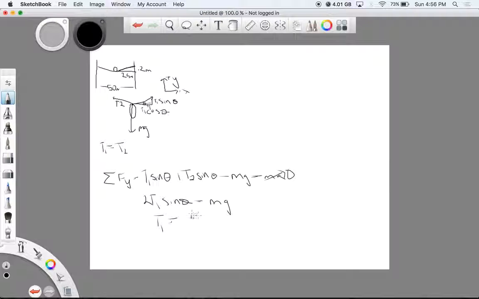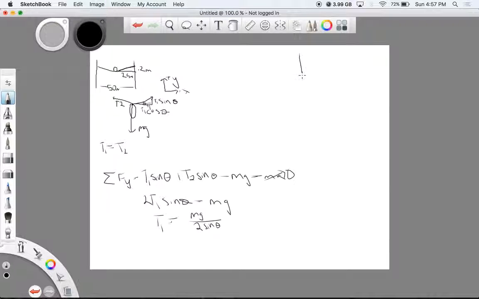T1 is equal to mg divided by 2 sine theta. Now we have to figure out what theta and sine theta are.